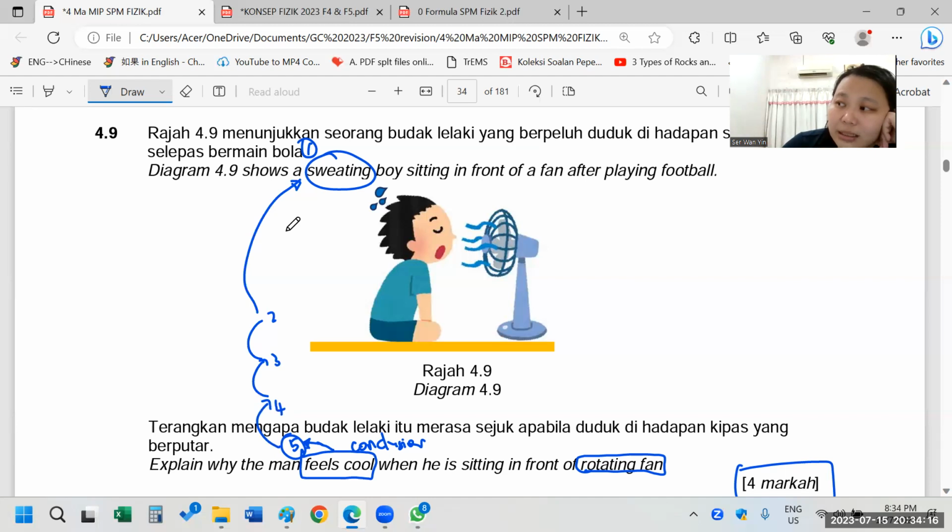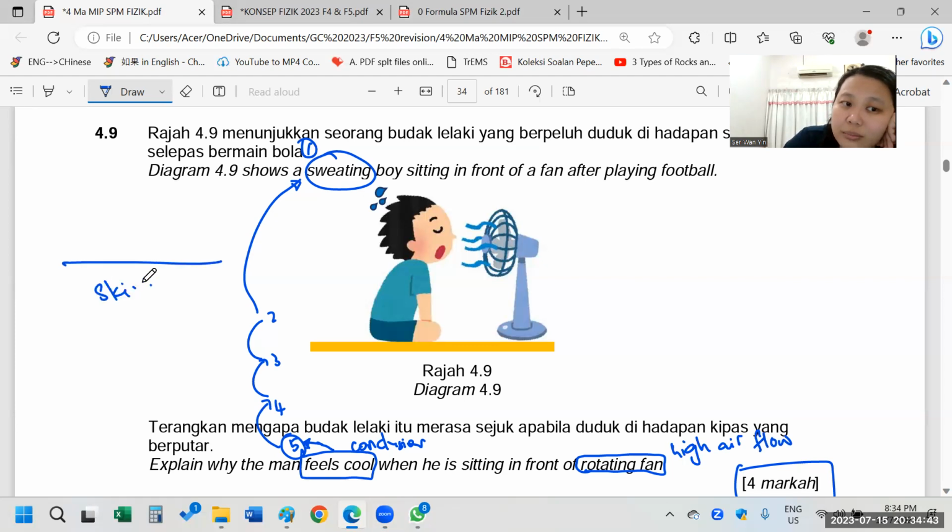Okay, like why do you feel hungry? Because I just used up my energy. Something like that. High airflow, very good. Rotating fan, yeah, please highlight the words and translate. Sweating means this is your skin.